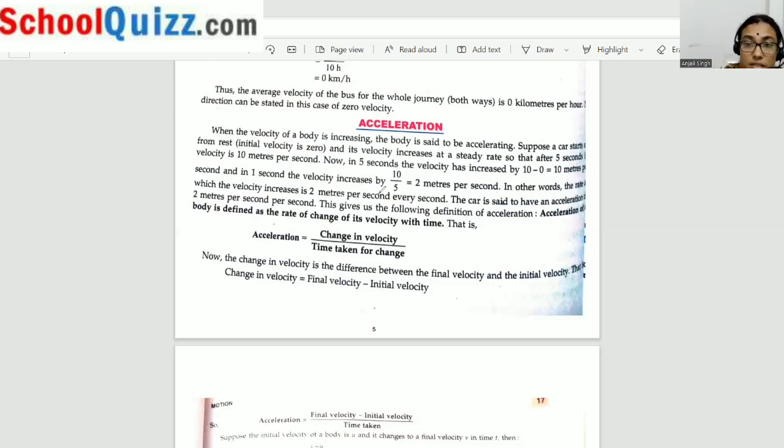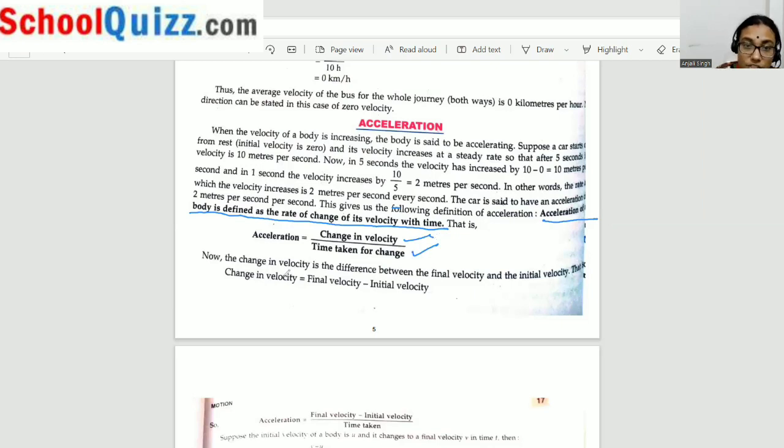I'll mark the definition that will be important here. Acceleration of the body is defined as the rate of change of velocity with respect to the time. When you write it in the formula, it is change in velocity to the time taken for the change.